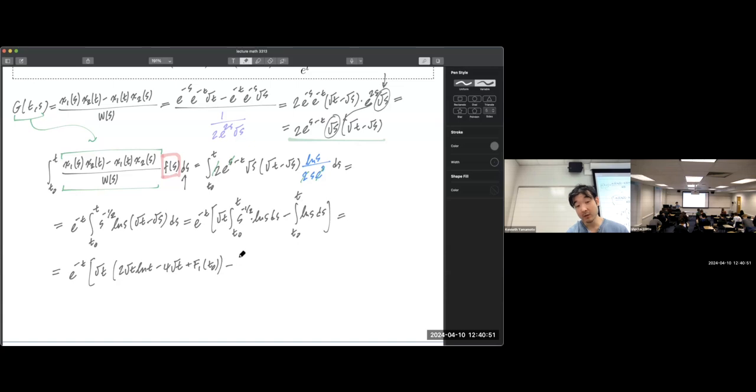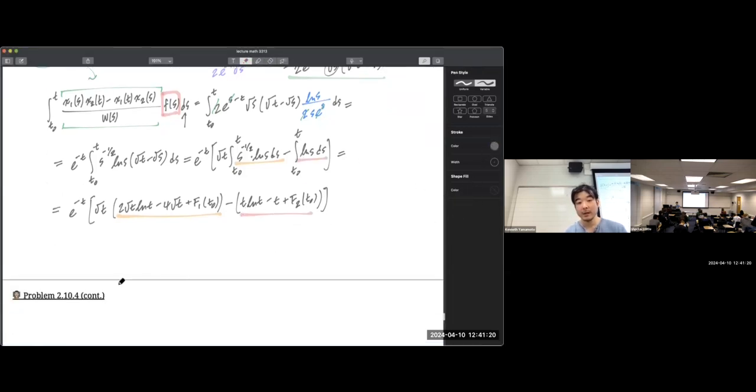And then this integral right here is going to equal t ln of t minus t plus f2 at t naught. I'll just underline this and show you. This is actually going to be equal to this, and this will be equal to this right here.